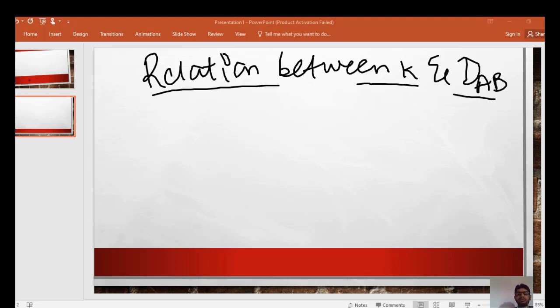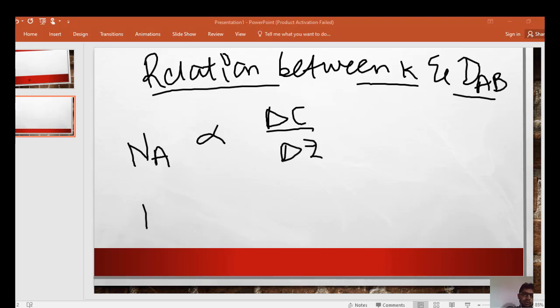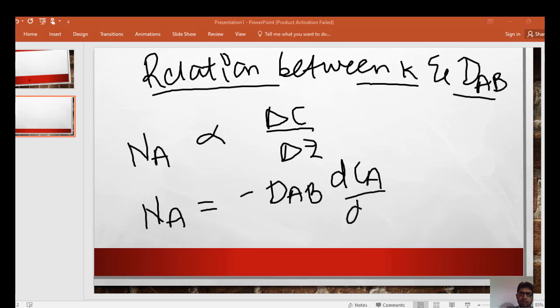In the first theory, which is the film theory, we discussed that the molar flux of component A is directly proportional to the concentration gradient, or we say that the molar flux of component A is equal to minus diffusivity of component A in B into the change in the concentration of A with the z direction.